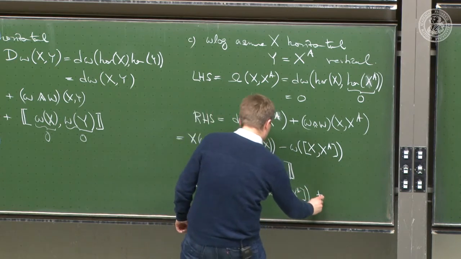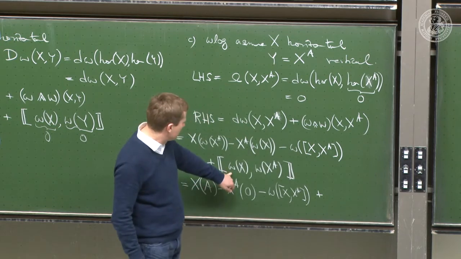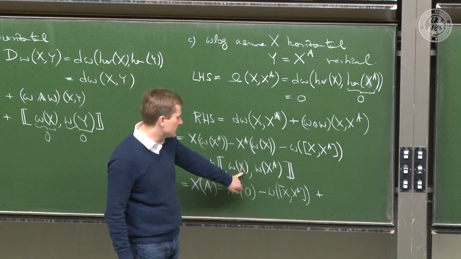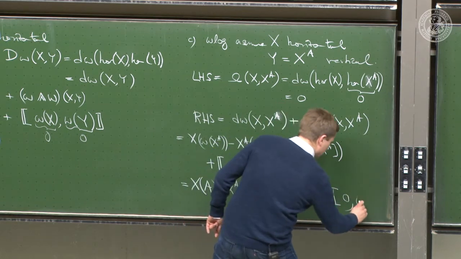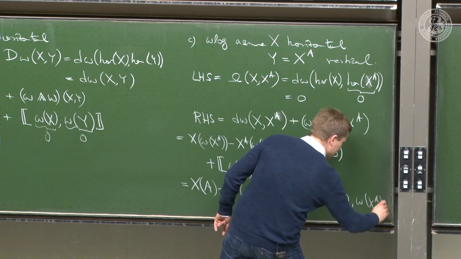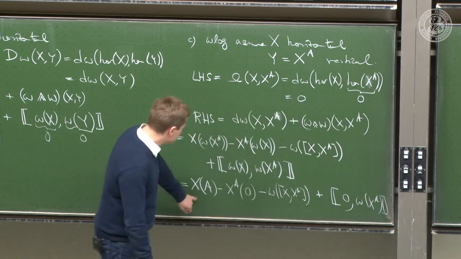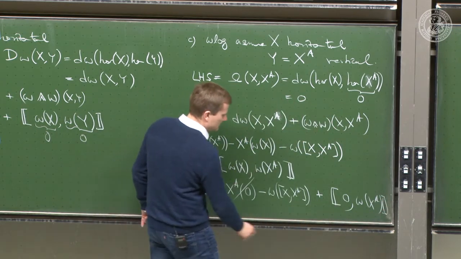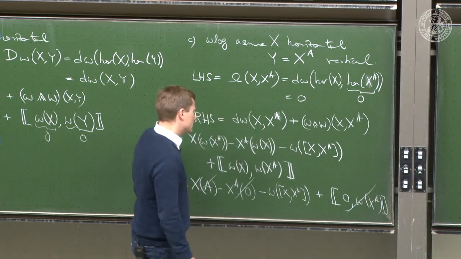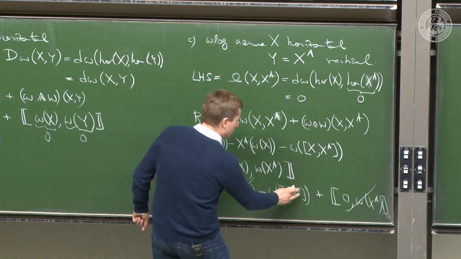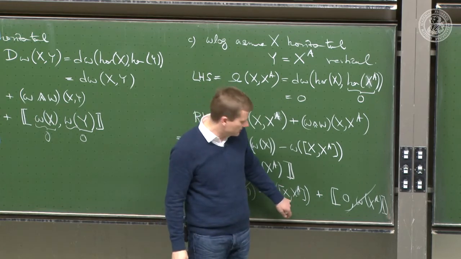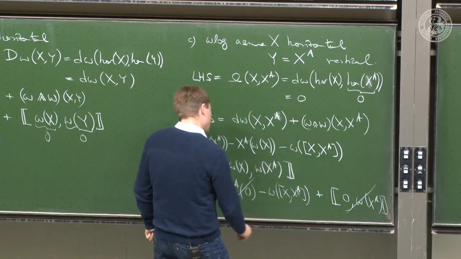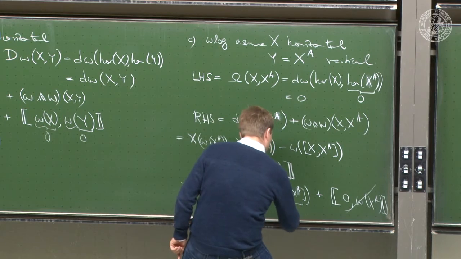And then back here, you have the omega of a horizontal field, and you know that that is 0. So let's write it out for completeness, but it's clear that this guy goes, and this guy goes. So this must go. How could this go? Well, it's a fact that the commutator of a horizontal vector field with a vertical vector field is again horizontal. So this is again horizontal.